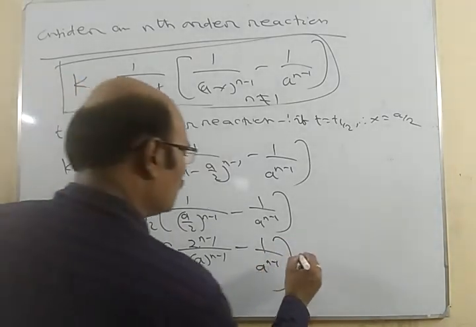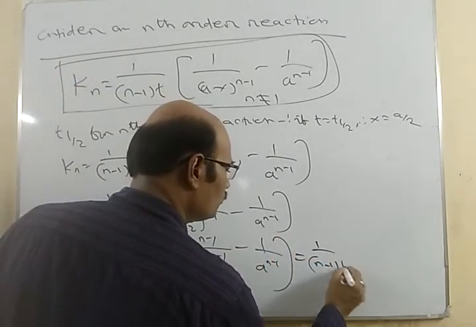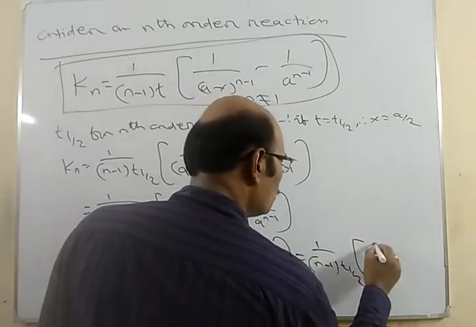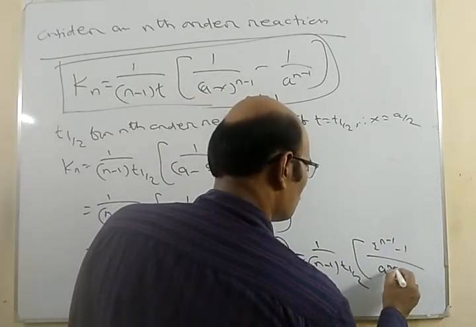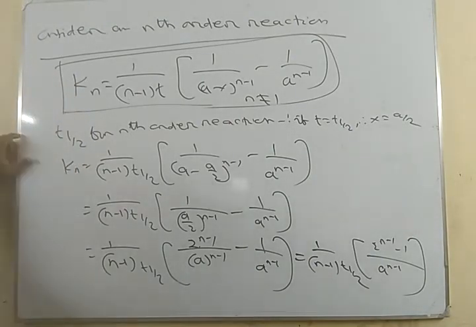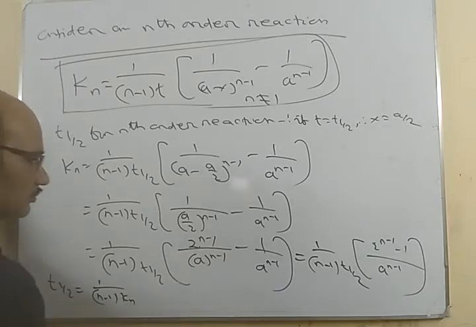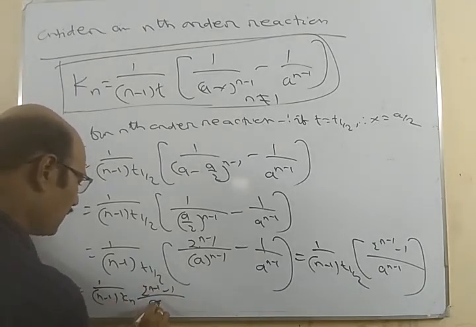Okay, what is equal to 1 by n minus 1 into t half into 2 power n minus 1 minus 1 by a power n minus 1. Okay, so what do we write? t half is equal to 1 by n minus 1 into Kn, 2 power n minus 1 minus 1 by a power n minus 1.